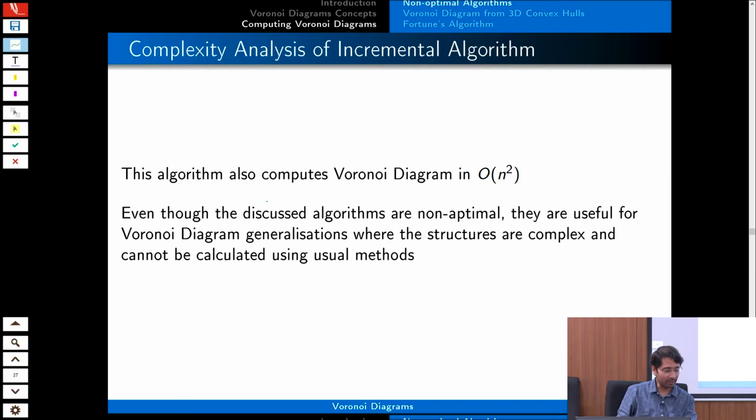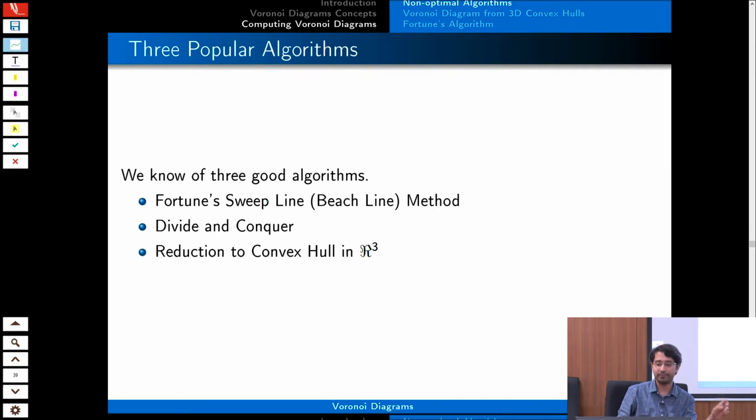There are actually three methods. One is already suggested by him, that is divide and conquer, which we will not cover. You can find a Voronoi diagram in n log n time using divide and conquer.